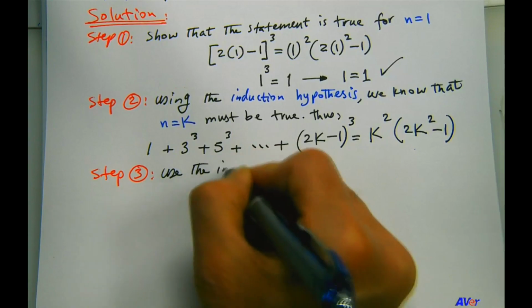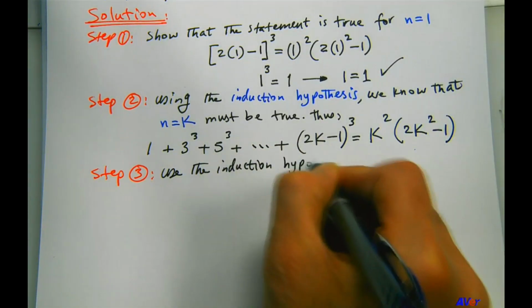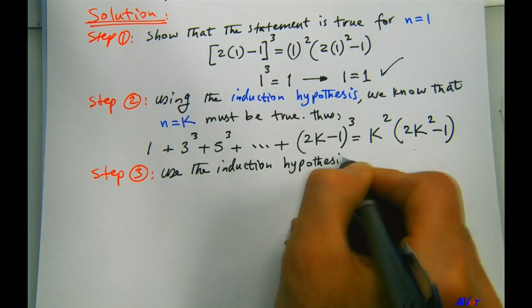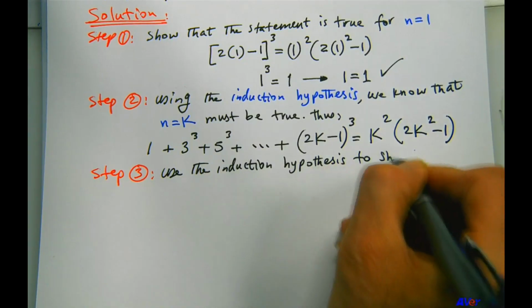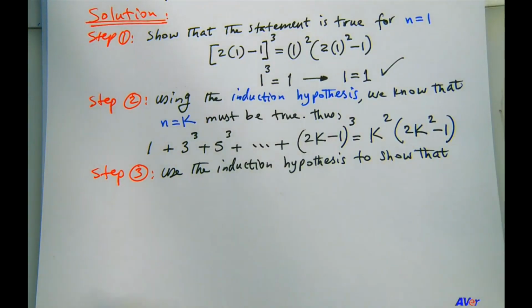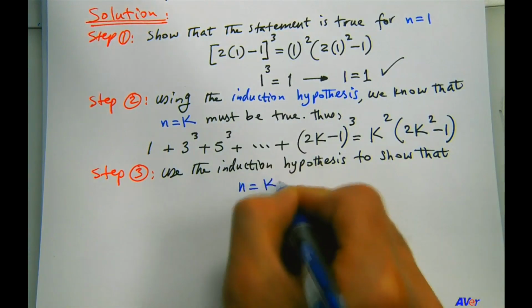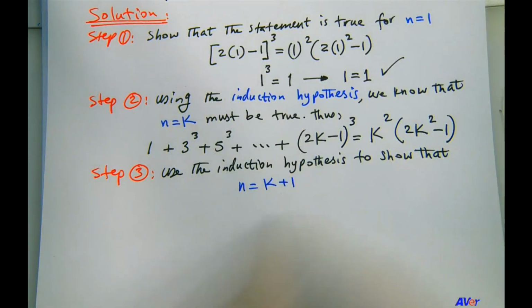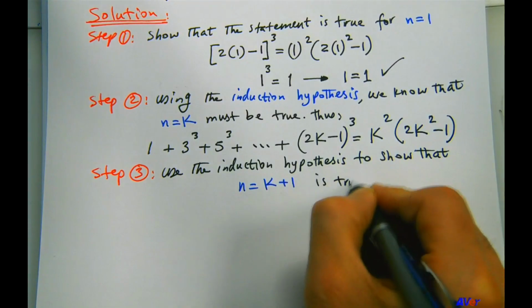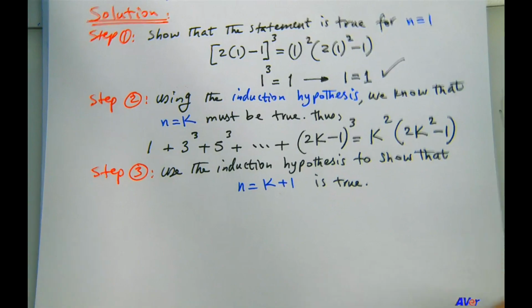So use the induction hypothesis to show that n equals k plus 1 is true. And once we do that, we've completed the mathematical induction proof of this statement. So let's do that.